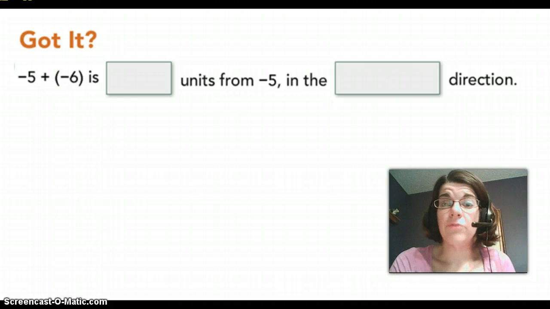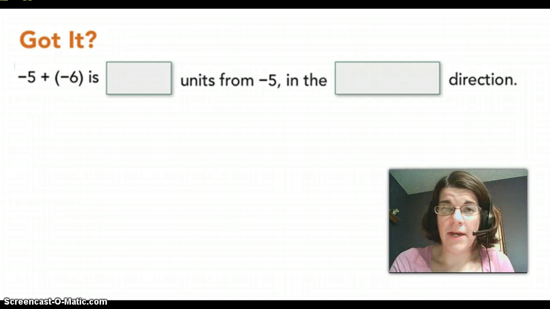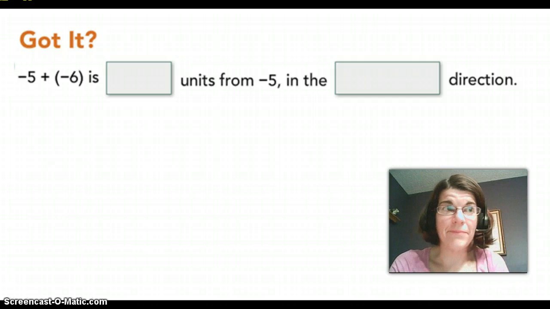Okay, now if you want to pause the video and give this one a shot by yourself, you can do that now. Fill in the blanks, use a number line, and then turn it back on because I'm going to go over the answer right now. So we have negative 5 plus negative 6.